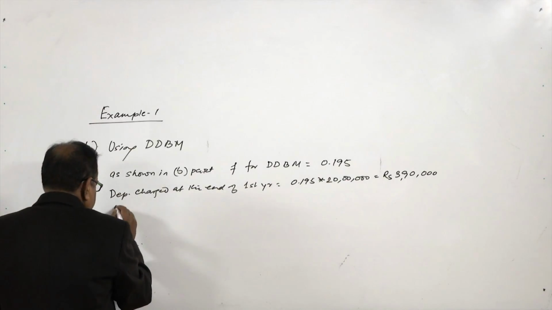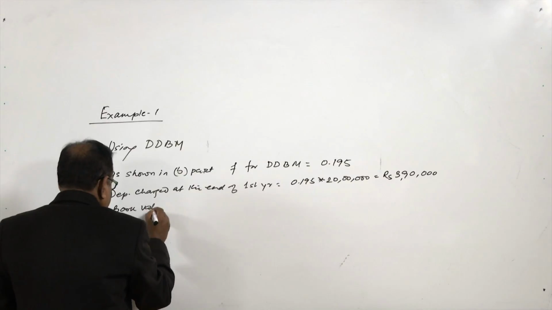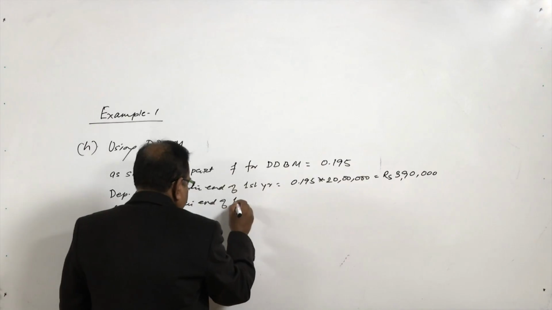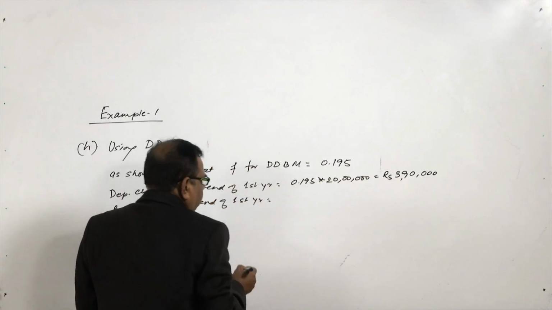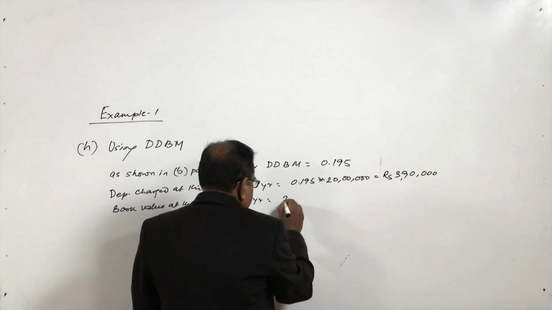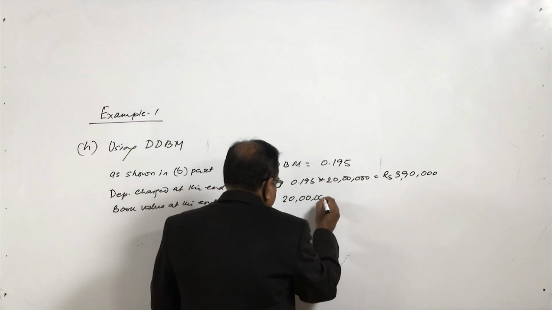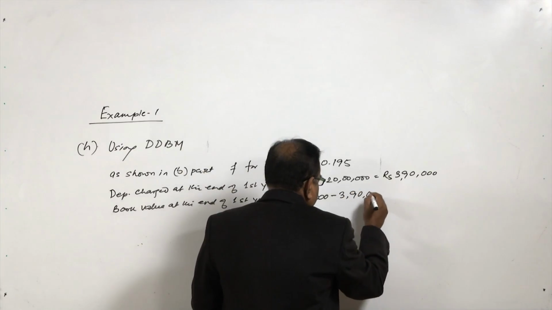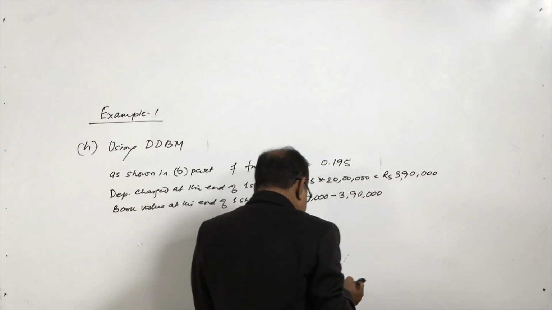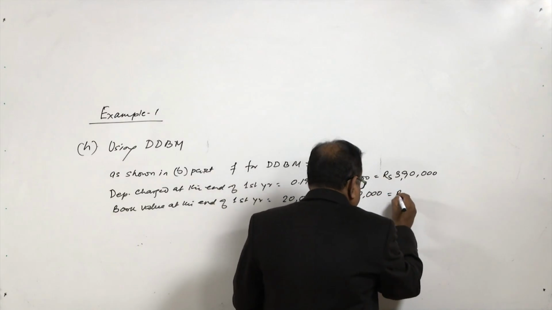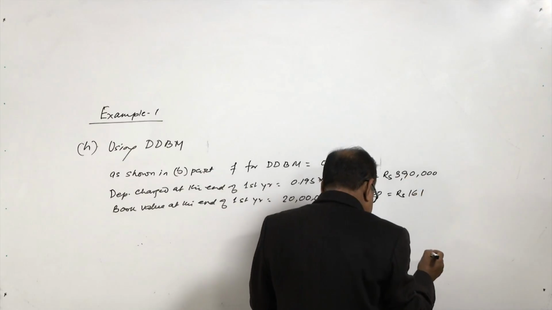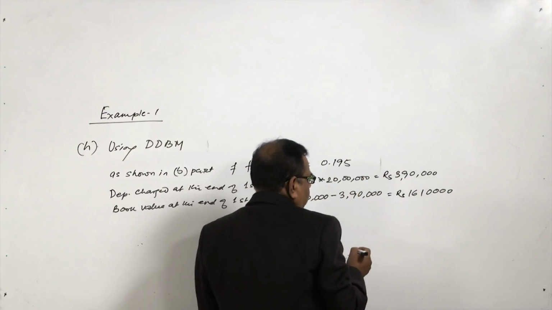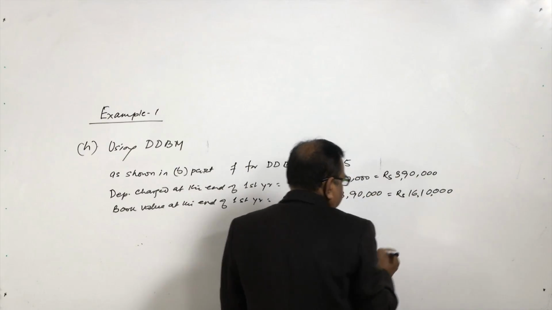So book value at the end of first year is equal to 20 lakh minus 3,90,000, which comes out to be rupees 16,10,000.